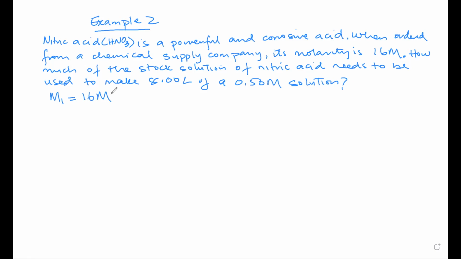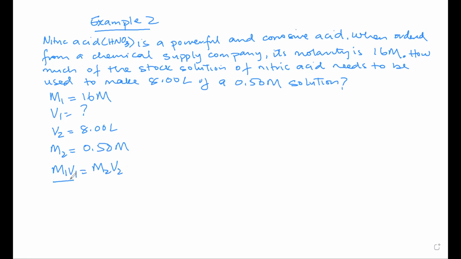How much of the stock solution, that V1, we do not know. The final volume is 8.00 liters, and the final concentration is 0.50 molar. Okay, so clearly we need M1V1 equal to M2V2.